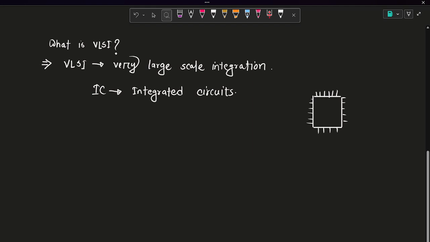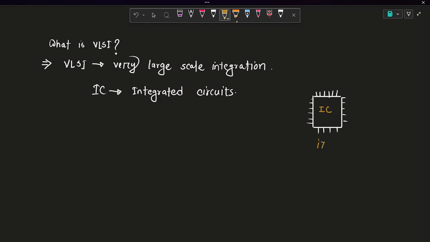We design a portable, very convenient system called an IC, or integrated circuit, which is integrated with many electronic components like adders or multiplexers, to combiningly make a very power efficient, very small, very portable device. This is the heart of VLSI design. This is the heart of integrated circuit design.